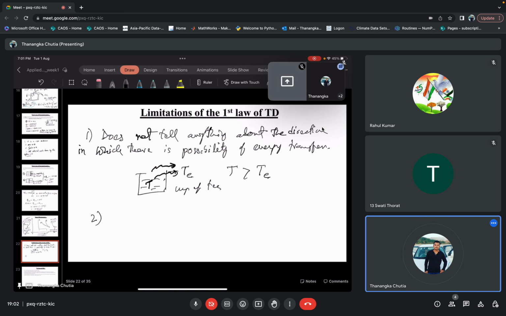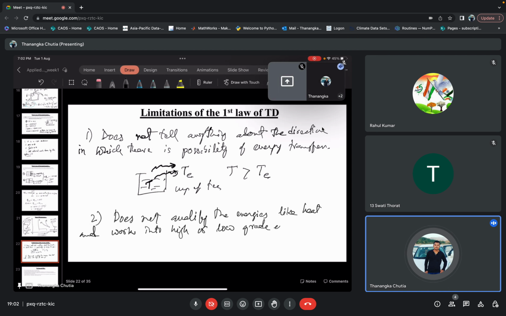And secondly, it does not qualify the energies like heat and work into high or low grade energy.